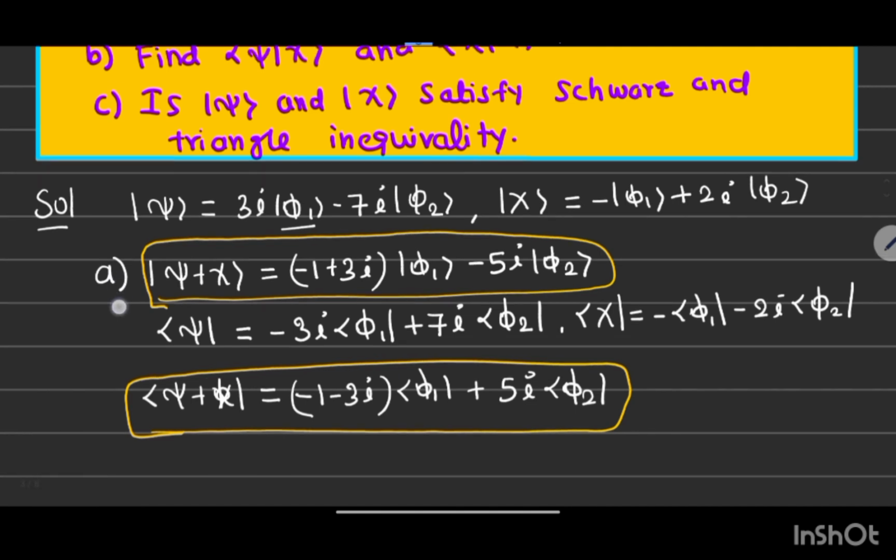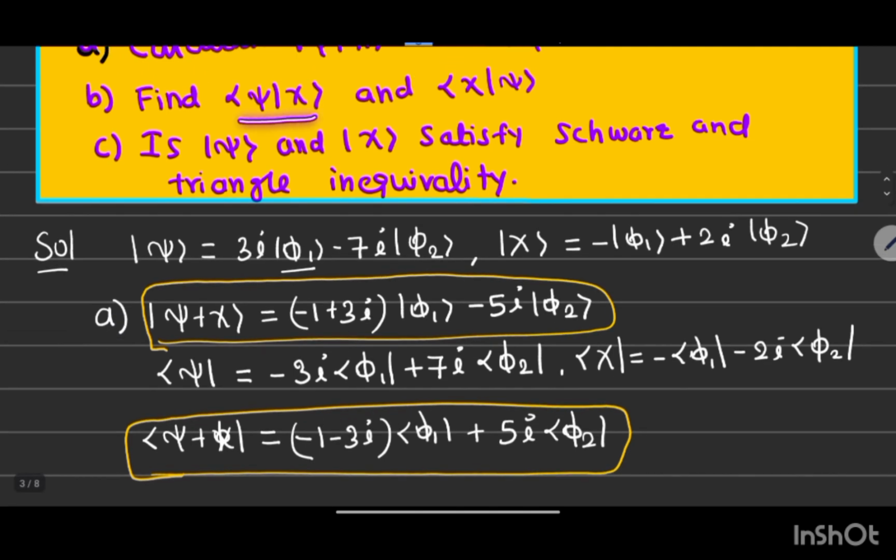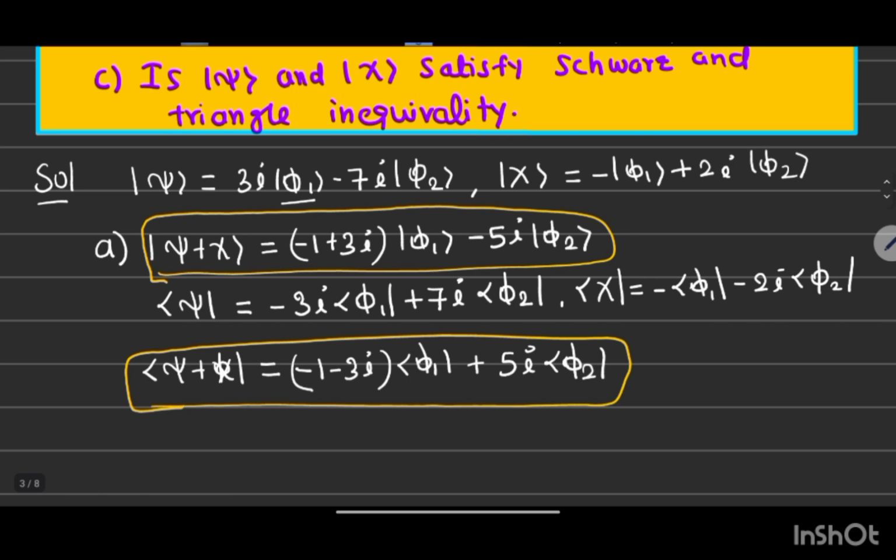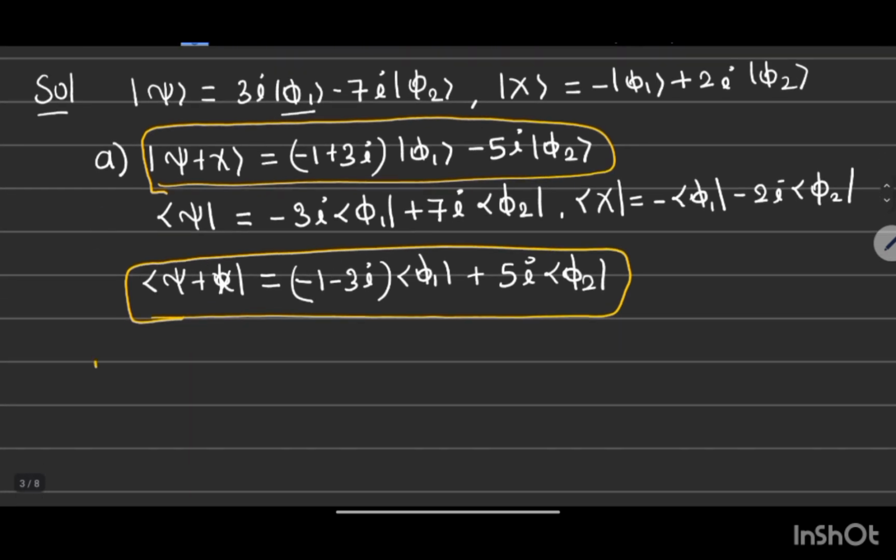That is the difference. Now we will try to find the inner product of psi with chi and chi with psi. Okay, now what is the inner product of psi with chi? First, what is bra psi?